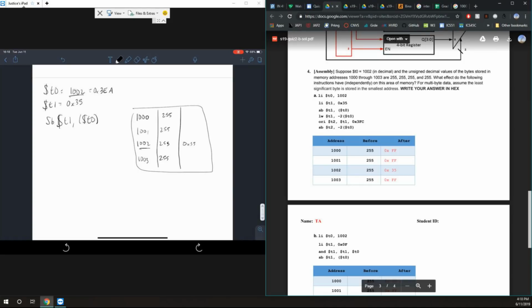How does it equal 3EA? You say 16 to the second times 3, plus 14 times 16 to the 1, plus 10 times 1. Yeah, just something to remember.